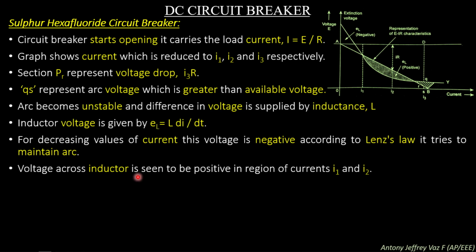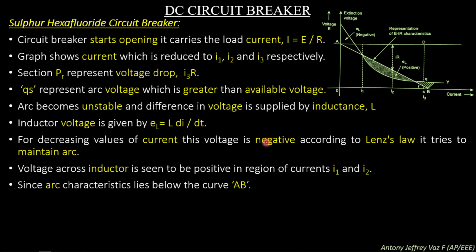Voltage across inductor is seen to be positive in regions of current I1 and I2. In the regions of current I1 and I2, you can see the inductor voltage is positive in this direction and also along this direction.